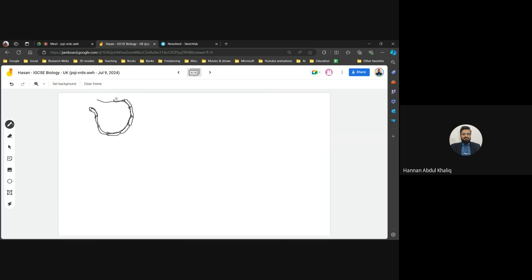This is basically the alveolar epithelium. Oh, sorry, I drew it wrong because I have to draw other things. So I would take the label from here. Alveolar epithelium.